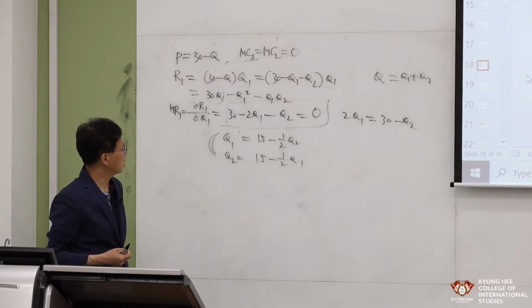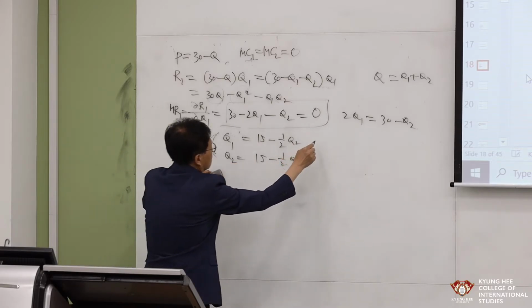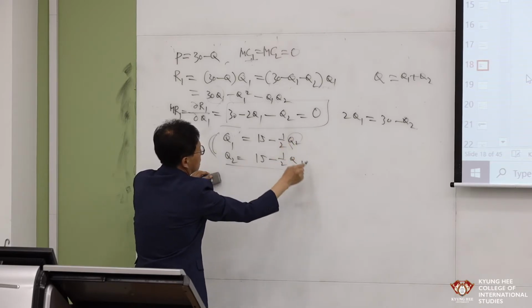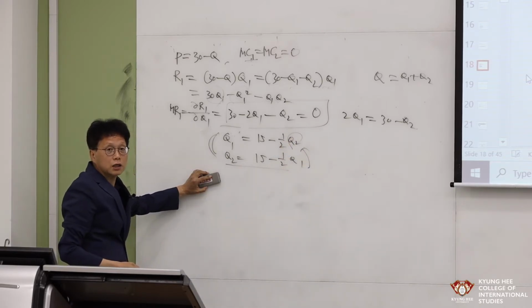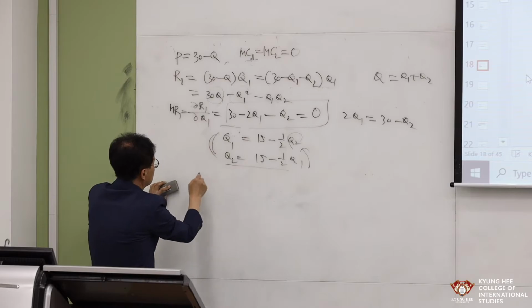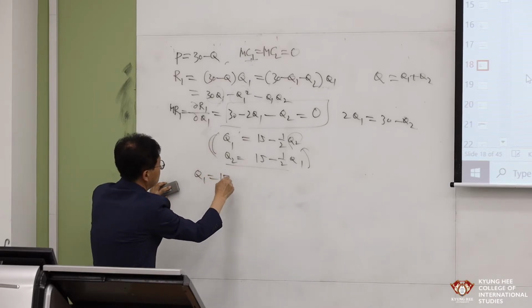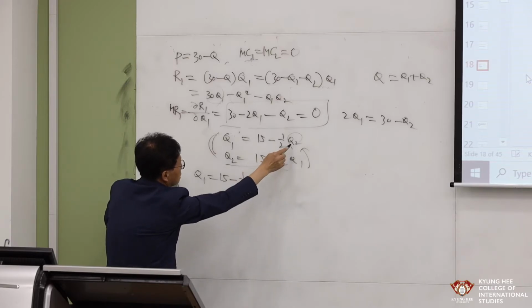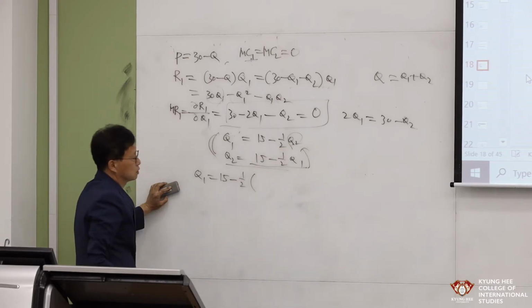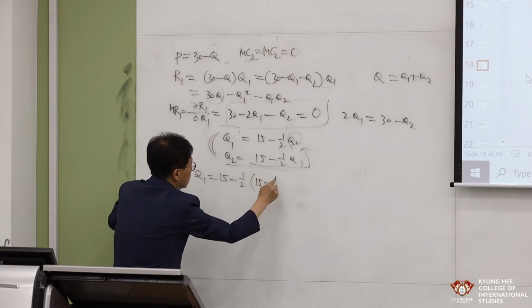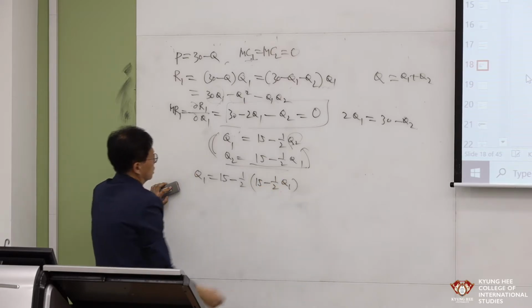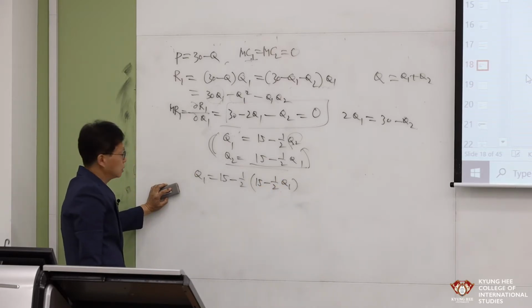So how can you do that? This one inserted here. Okay? Then Q1 is equal to 15 minus half Q2, and instead of Q2, we insert this one, 15 minus half Q1. Right?